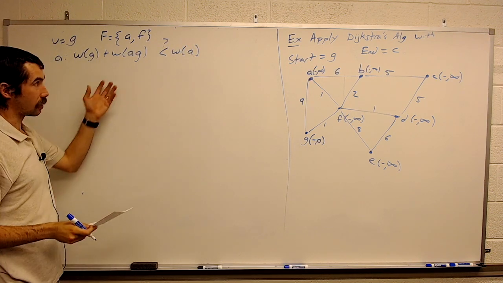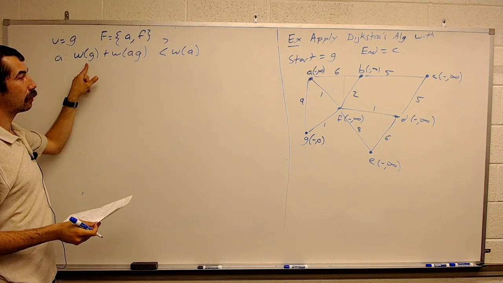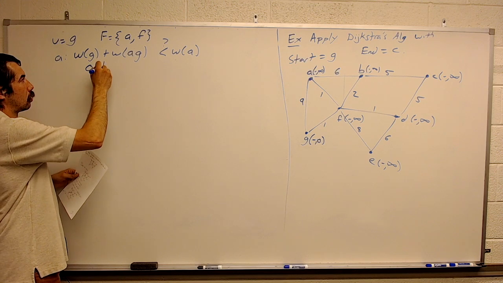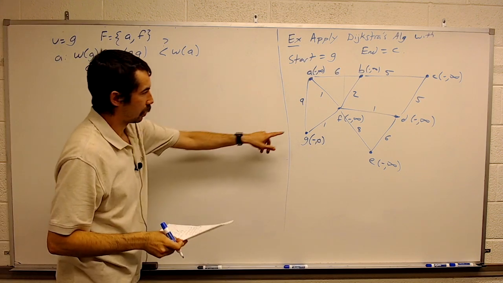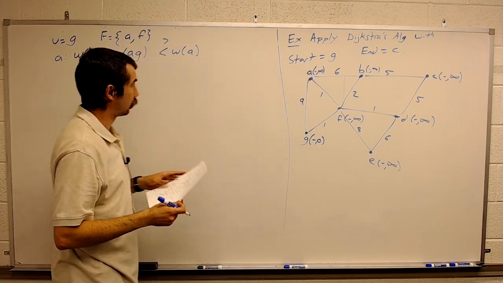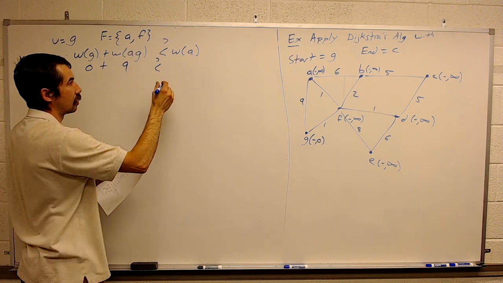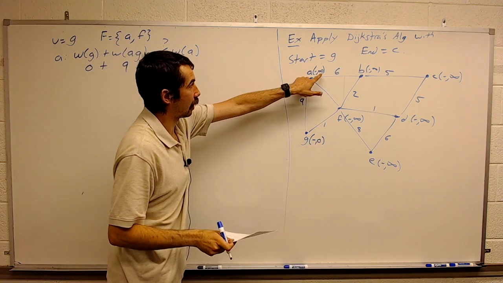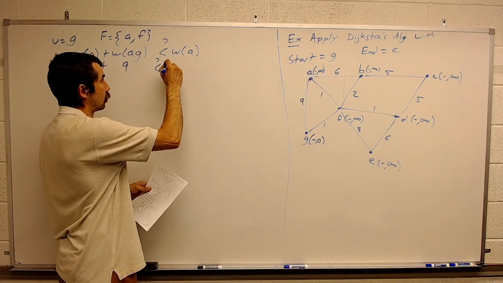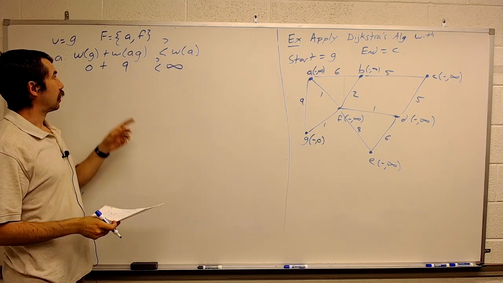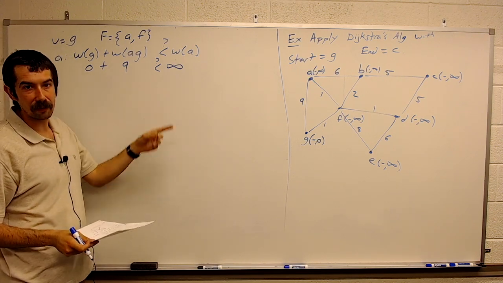All right, so this is literally, we have to just check. So weight of G is 0. Weight of AG is 9. Is this less than the weight of A? Infinity. Okay, let me know in the comments. Is 9 less than infinity?